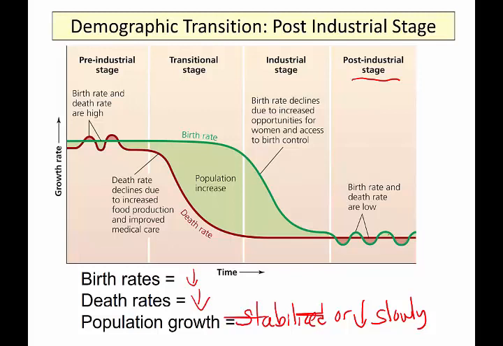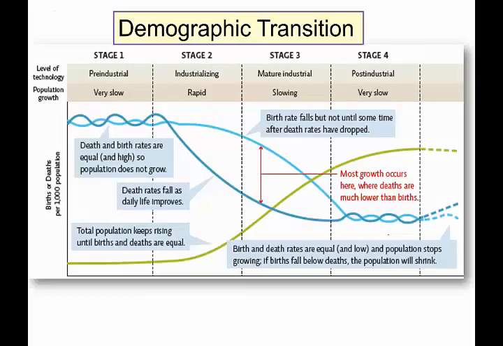So this is the demographic transition, and this is based on data collected from many countries that seem to have followed the same process. If we overlay now the rate of population growth, which you can see in the green here, so here's the rate of population growth, okay? So if we overlay that on the demographic transition, we start to see some interesting things. So again, here's the pre-industrial stage right here.